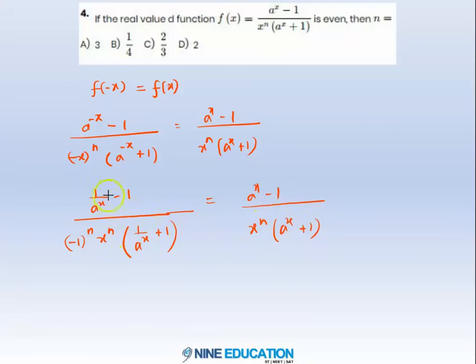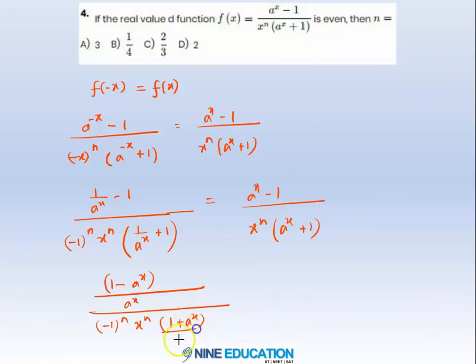In the next step I can write this as 1 minus a power x divided by a power x, whole divided by minus 1 power n x power n and 1 plus a power x divided by a power x, that's equal to a power x minus 1 by x power n and a power x plus 1.